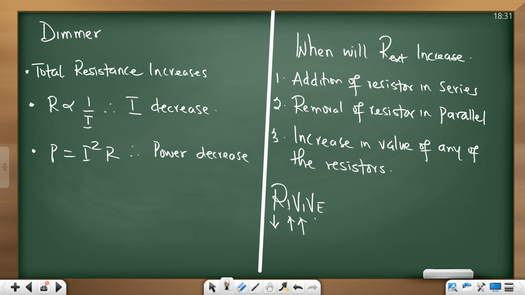Lost voltage will increase. The external will decrease. That's 4 marks. So the question would be, do you know whether resistance is increasing or decreasing? And if you are not sure, just do a calculation. Just put values and check.